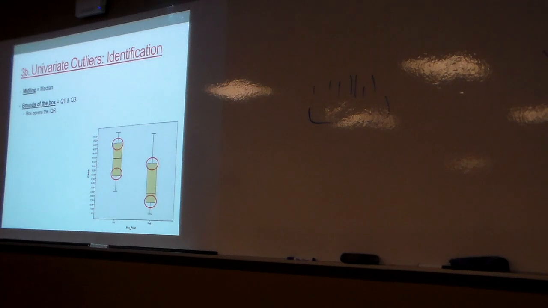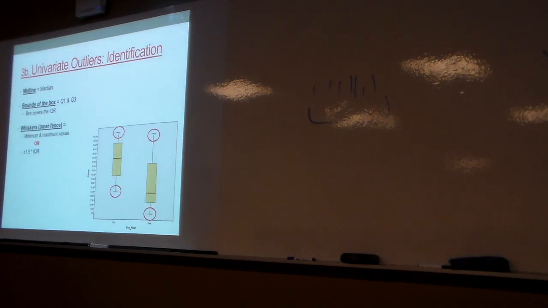The box is covering the interquartile range. What else do we call the interquartile range? Your middle 50. So the middle 50% of your scores is going to fall between your first and your third quartile by definition, because that's just how it's constructed.